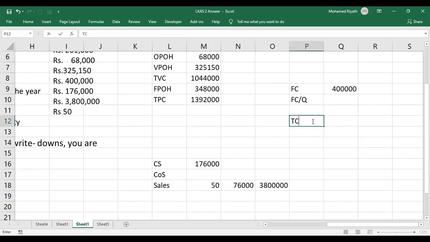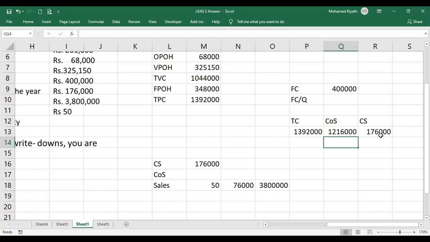Total cost equals cost of sales plus closing stock, right?